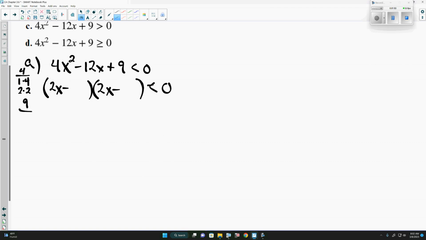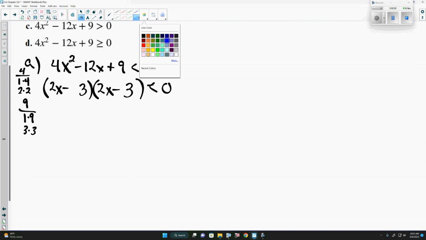Then we can look at the factors of the third term, 9, which is 1 and 9 or 3 and 3. And I'm going to try 3 and 3 first. And if we check this here, 2x times negative 3 is negative 6x. 3 times 2x is negative 6x, which does indeed give us the correct middle term of negative 12x.